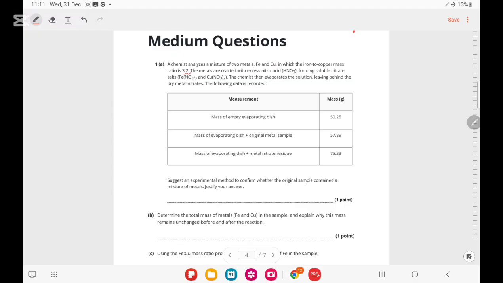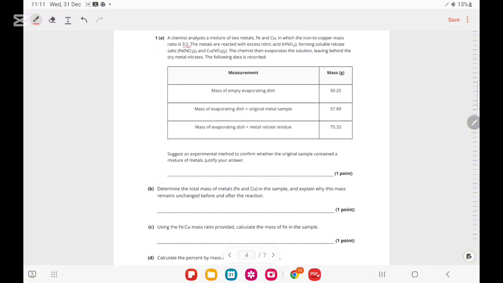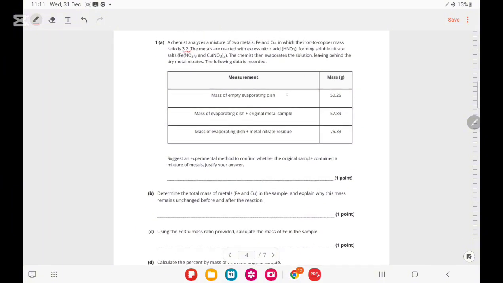The chemist then evaporates the solution, leaving behind the dry metal nitrates. So this is the mass of the evaporating dish, and he has put the metal inside it. In this one, there are the metals, iron and copper, in the ratio 3:2.